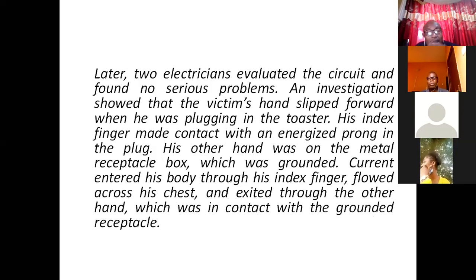When they called 2 electricians to come and evaluate the circuit, they found that there was no problem with the circuit. But the problem was that the hand of the victim that he was using to plug, his index finger, made contact with an energized spring, and he was touching a metal.